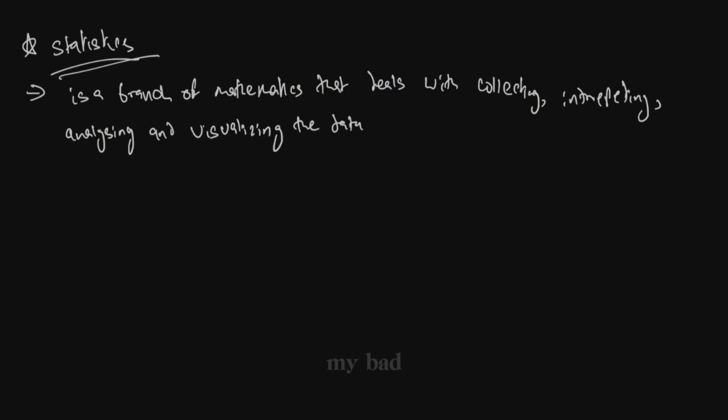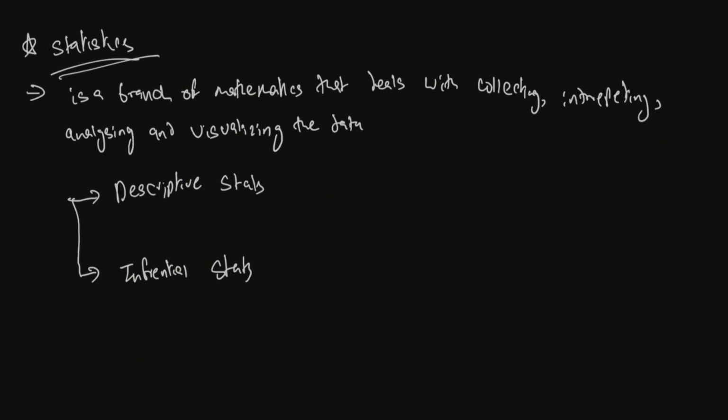There are two types of statistics. One is descriptive, and second is inferential. So what do you mean by descriptive? Descriptive statistics summarizes and organizes the characteristics of a data set.